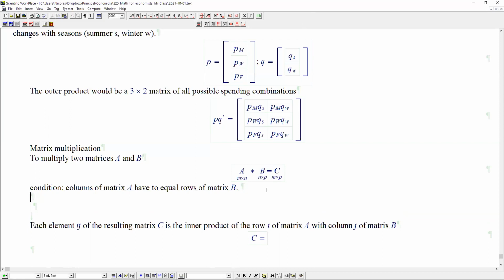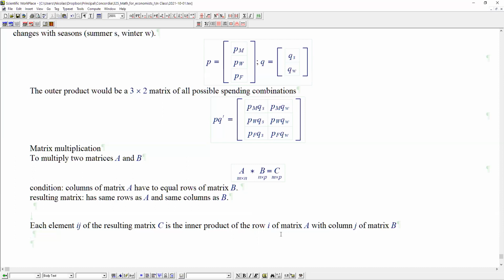So let me just write a resulting matrix. It has the same rows as A, the same columns as B. I don't know if I should write this down. It's quite long to write down, but I'll just go to the example quickly.